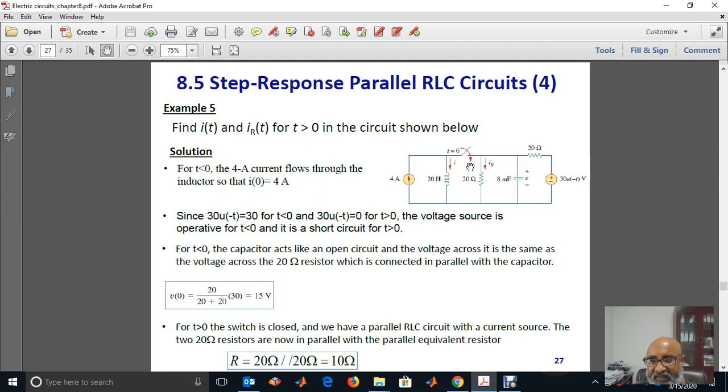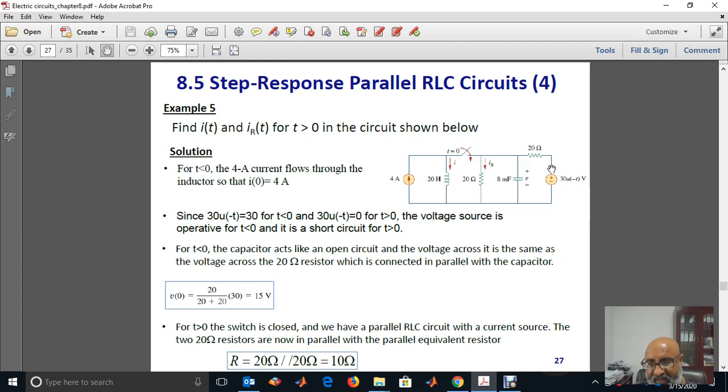For t greater than 0, now if you see this, the voltage source is 30 times U of minus t. U of minus t means the unit step function, which is equal to 1 for t less than 0 and 0 for t greater than 0, which means for t greater than 0, there is no 30 volt. This will be short. For t less than 0, there is 30 volt.